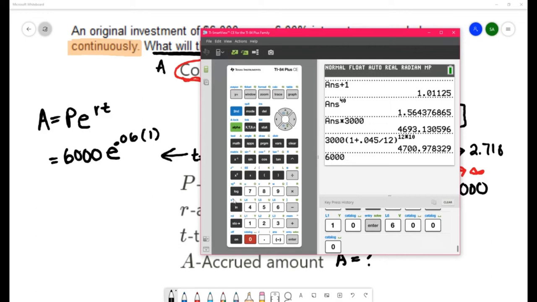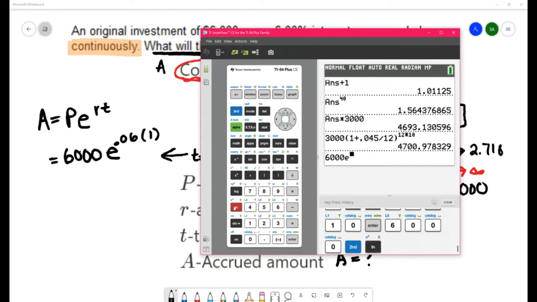So since we're going to be typing an exponent on our E, I'll use this one here. So it will type the E as well as get me ready for the exponent. I'll do second, the LN button, so you can see that it typed E with an exponent. And in the exponent, I'll type 0.06 times 1.